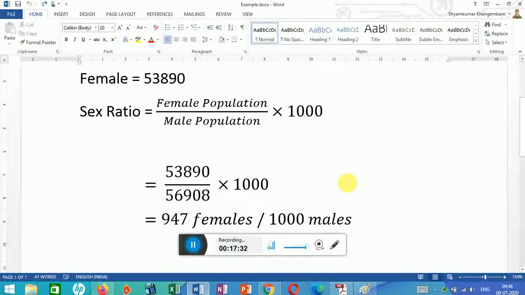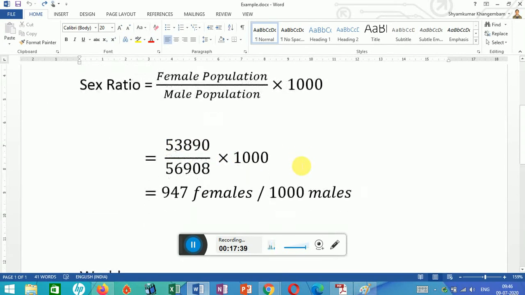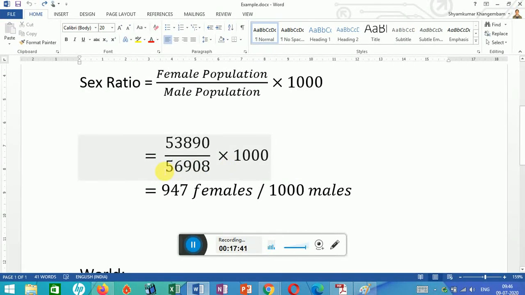So just applying the formula, we have the number of females here, 53,890, and here we have male population 56,908 multiplied by 1000. After this we get 947 females per 1000 males. Okay, so this is an example. It is very easy to calculate also.